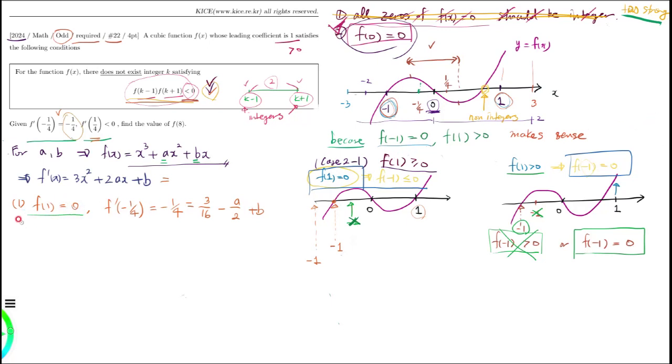And for the f of 1 equals 0, we have 1 plus a plus b equals 0.